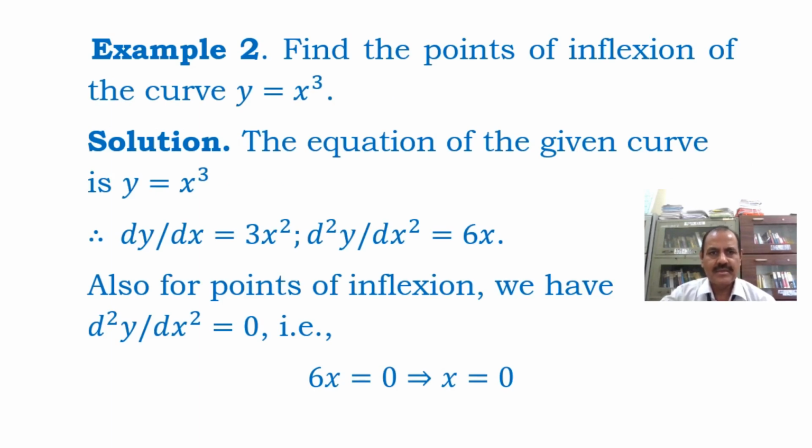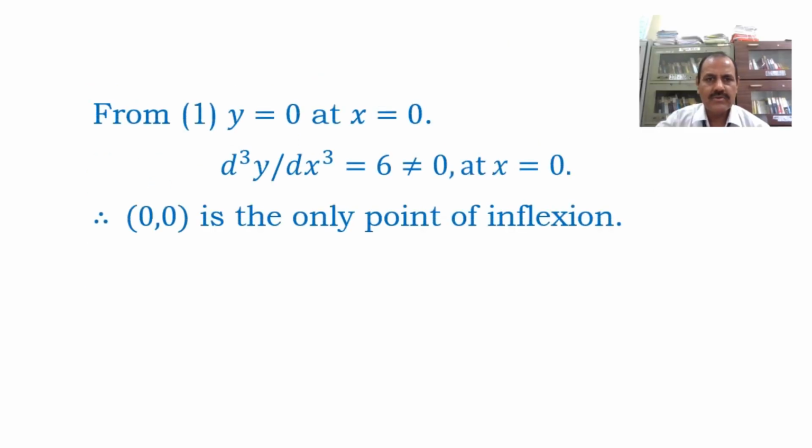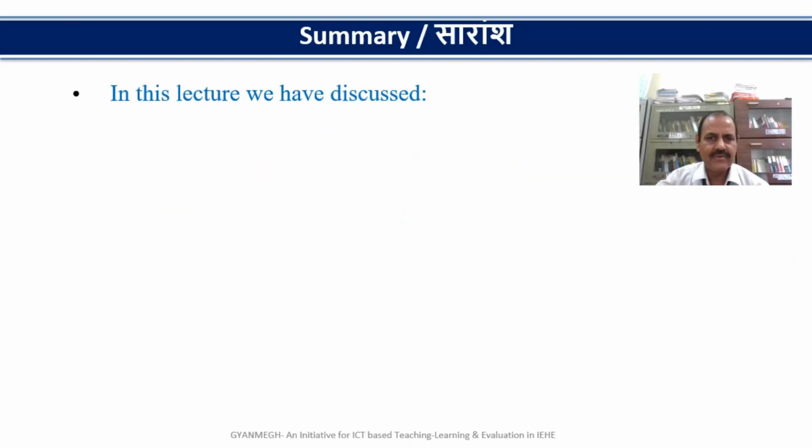Second example, find the point of inflection of the curve y equal to x cube. You can find the first derivative equal to 3x squared, and the second derivative equal to 6x. For the point of inflection, we get x equal to 0. So y equal to 0 at x equal to 0. The third derivative is not equal to 0. Therefore 0 is the only point of inflection of this curve.